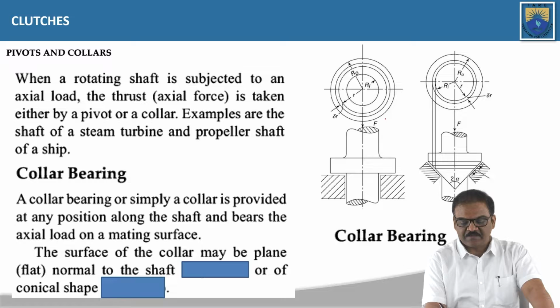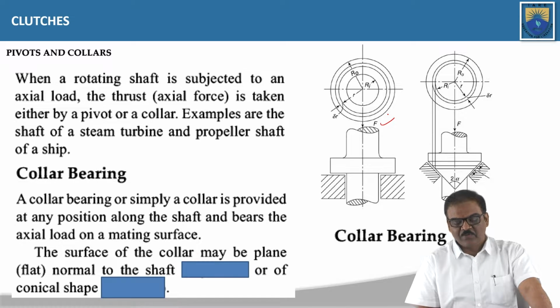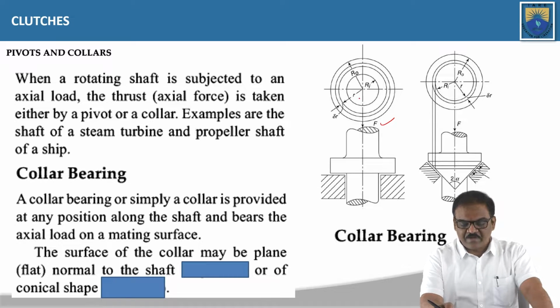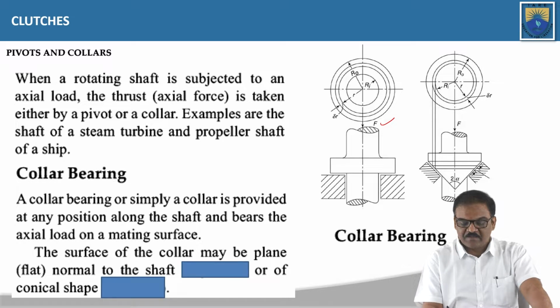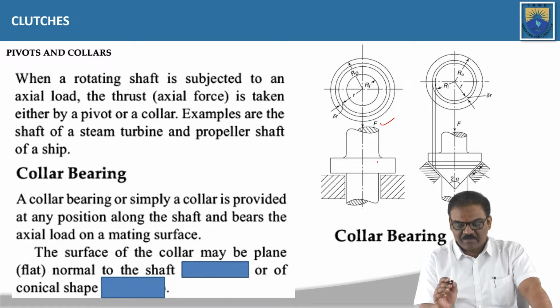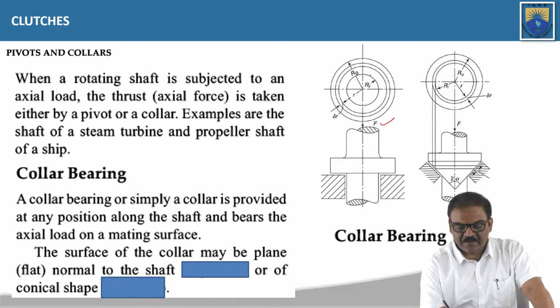See, the vertical thrust, that is the load in a vertical hydro turbine, the whole weight of the turbine itself constitutes a major contributor to the thrust load, and it can be considered as a collar containing inner radius Ri and outer radius Ro.